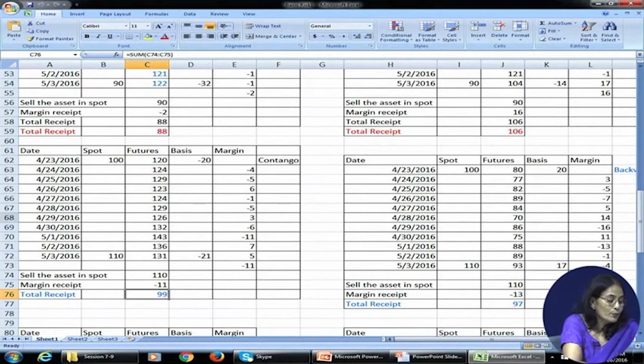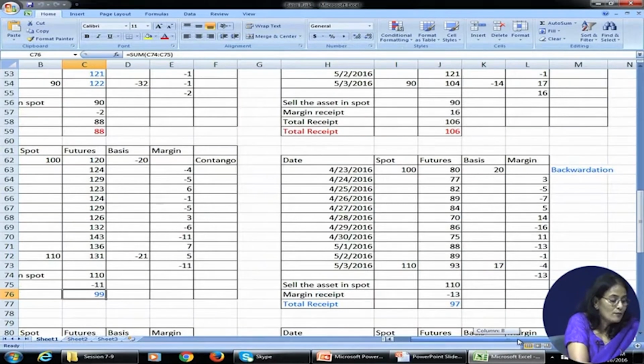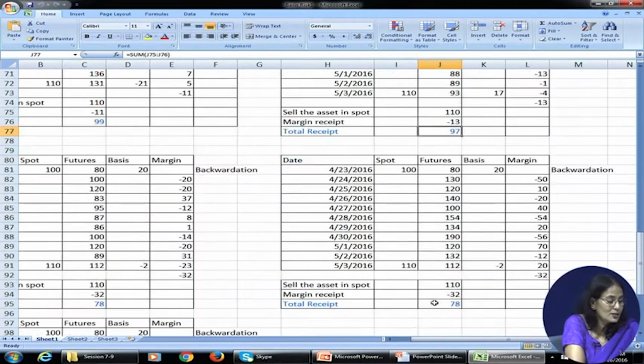So net receipt is going to be 99 rupees. Similarly, you have other combinations. Basis is 20 and basis changed to 17. So it is weakening of the basis. Weakening of the basis means he has already paid 13 rupees as margin payment. He will be selling the underlying at 110, but net receipt is going to be 97.